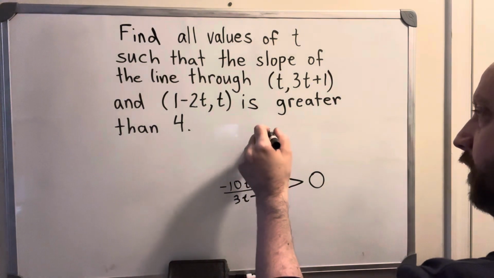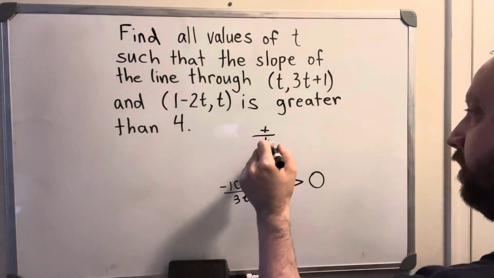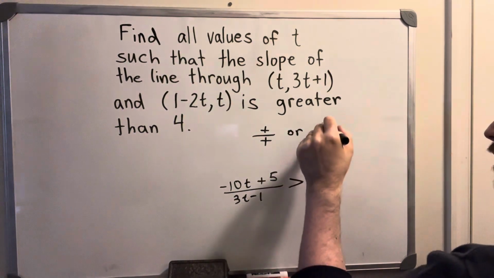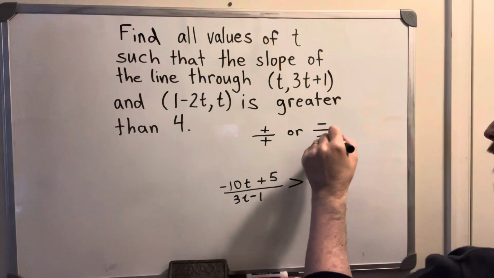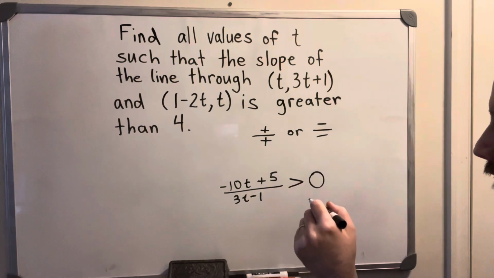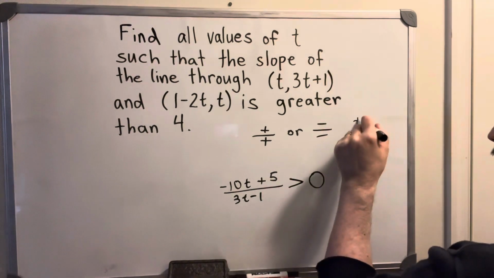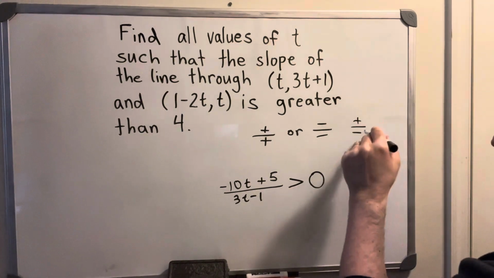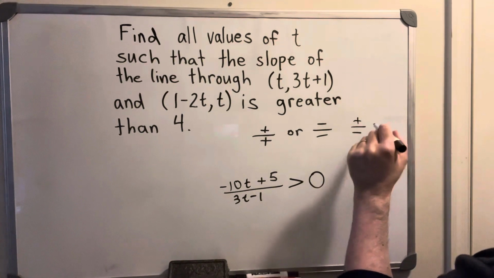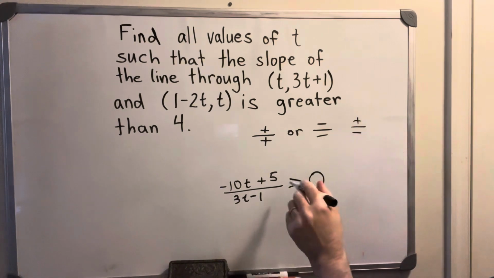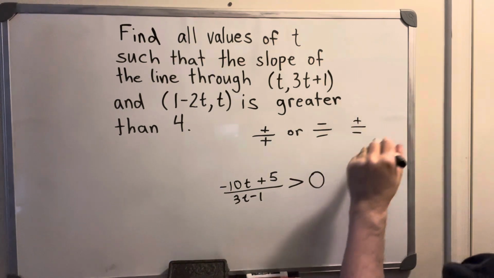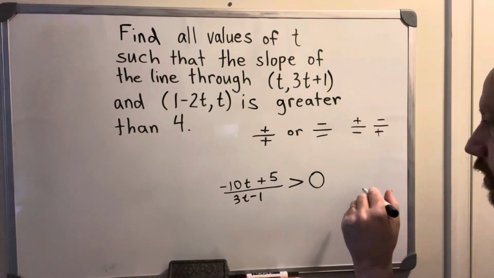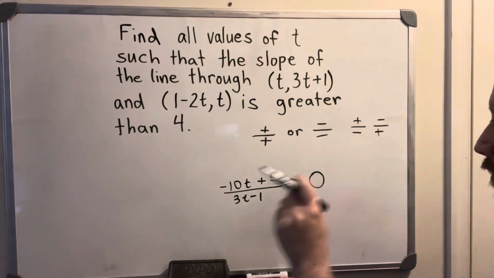We have to have either the numerator and the denominator both positive, or both negative, right? Because if the numerator is positive and the denominator is negative, this is a positive divided by a negative, which is a negative expression, and this won't be true. If we have a negative numerator and a positive denominator, then this won't be true.